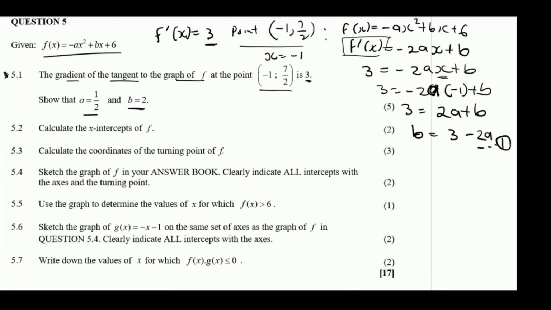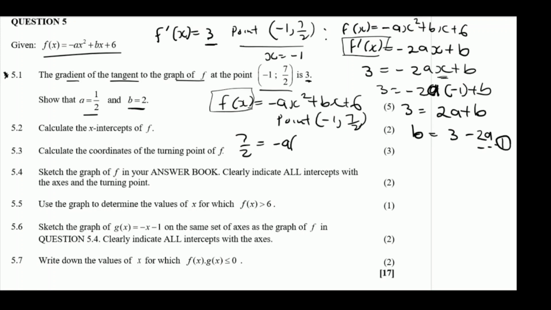Then equation 2, we're going to use the original equation, f of x equals minus ax squared plus bx plus 6. Then we use the point that is given of minus 1 and 7 over 2. So we substitute 7 over 2 here, and where we see x we put minus 1. So 7 over 2 equals minus a into minus 1 squared plus b into minus 1 plus 6. Cool. So here, minus 1 squared is just going to give you 7 over 2 equals minus a minus b plus 6.